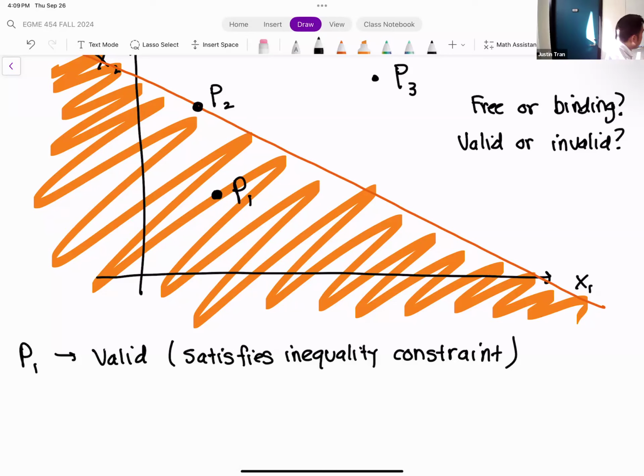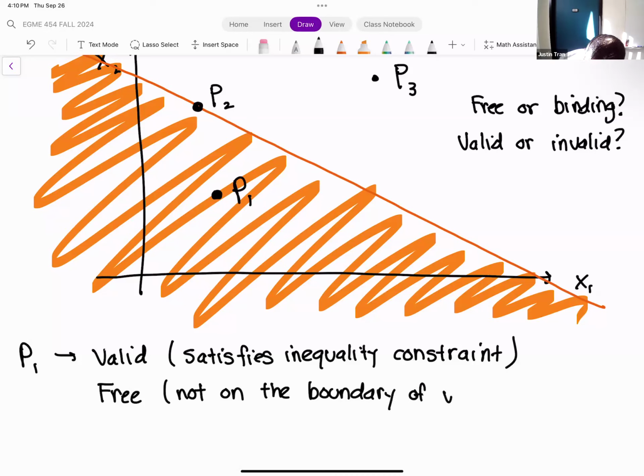So that answers the second question. As for whether it's free or binding, we characterize P1 as free because even though it's in the valid region, it's not on the edge, it's not on the boundary of the inequality constraint. In other words, we call P1 a free and valid point.